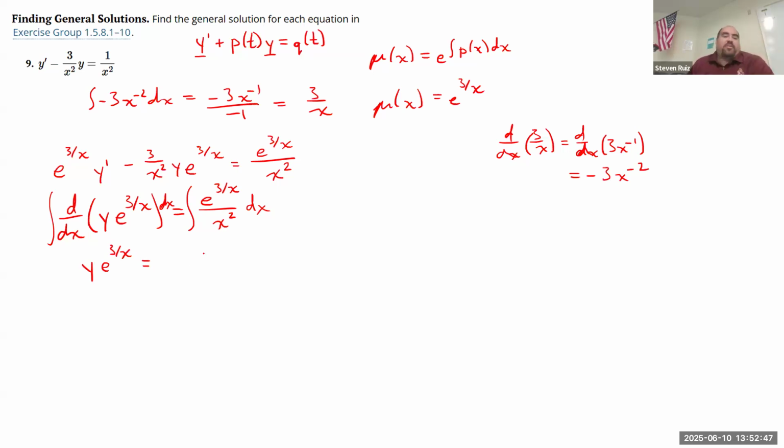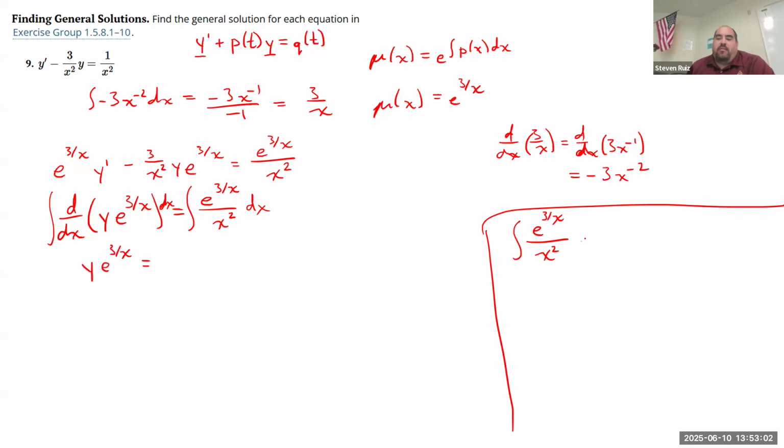I think we should set up a u substitution. Let's give ourselves a little more room. I want to do the integral of e to the 3 over x squared dx.